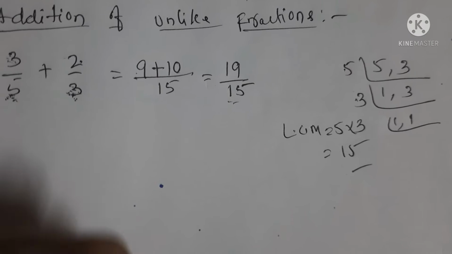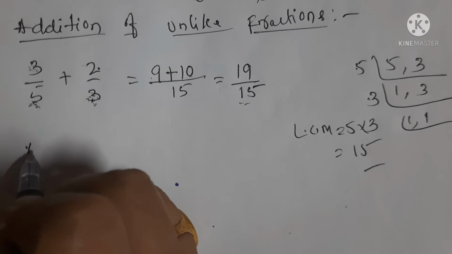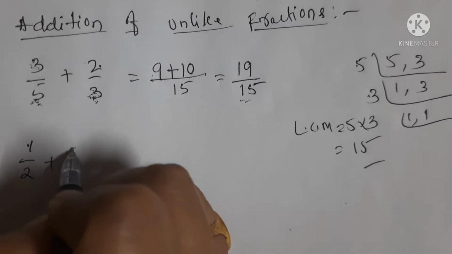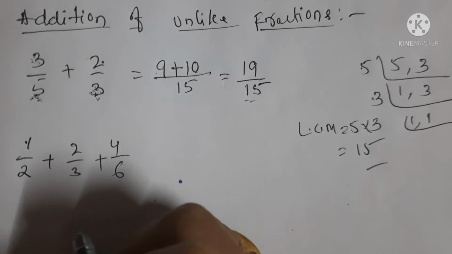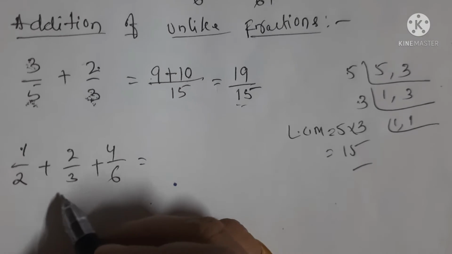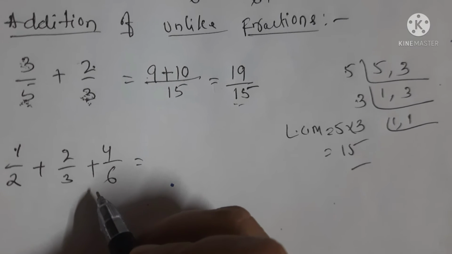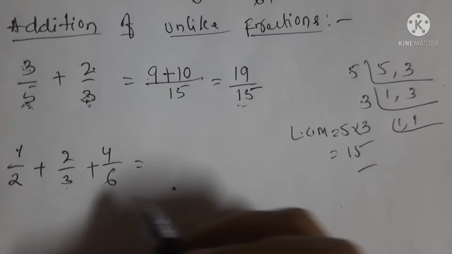Okay children, so we'll move to the next example, that is 1 by 2 plus 2 by 3 plus 4 upon 6. Now here we can't add directly. Why? Because these are also unlike fractions, so we need to take the LCM.